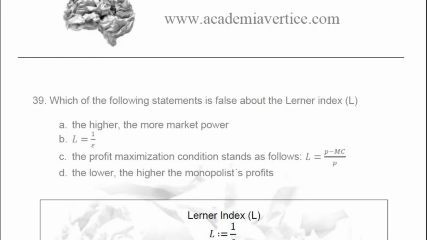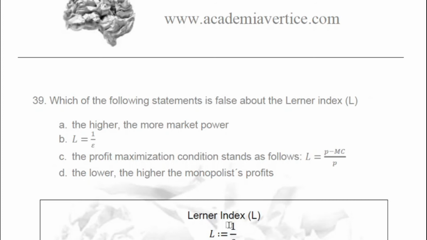That index, that number, we call the Lerner index. So the more elastic the demand is, the lower the Lerner index is.